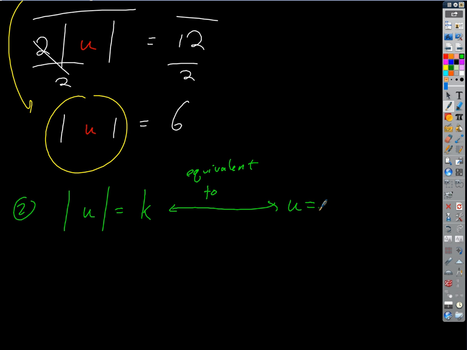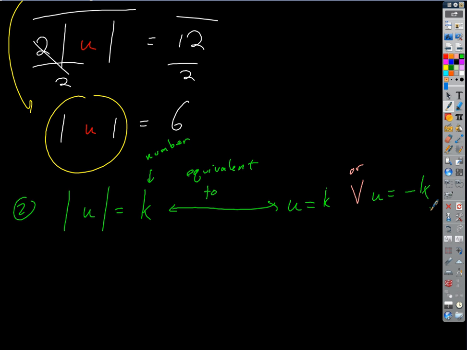If this is the stuff inside the absolute value, that's what we're calling U, and K is just the number outside the absolute value. What are the 2 equations I get? Either U equals K, or, and that's just our fancy way of saying or, U equals negative K.